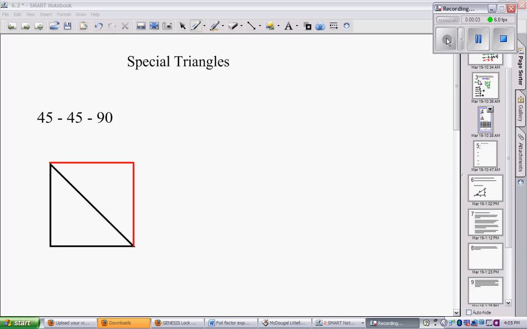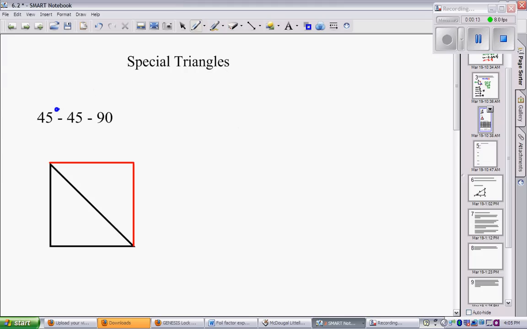So there are some special triangles that we need to figure out, and the first one's going to be a 45, 45, 90 degree triangle. So we take a square and we draw a diagonal.